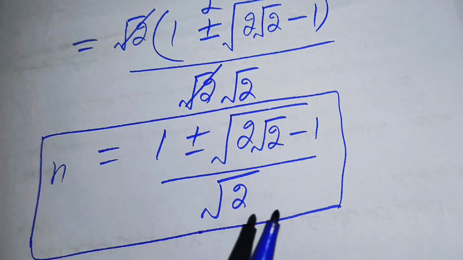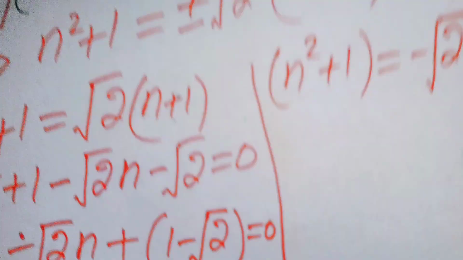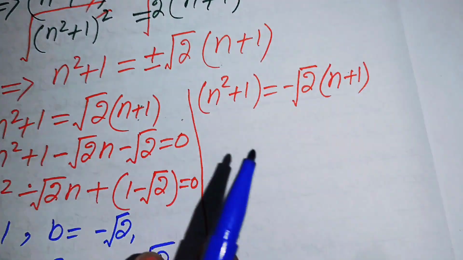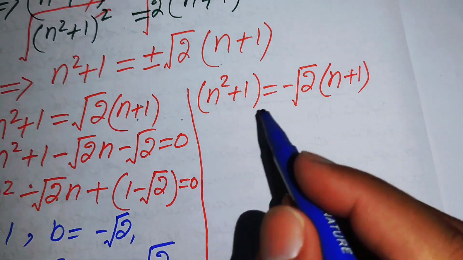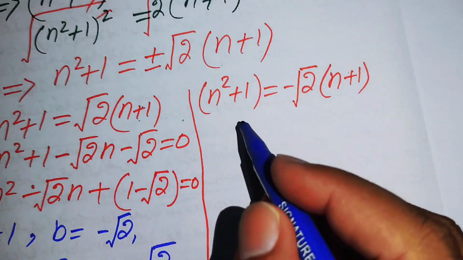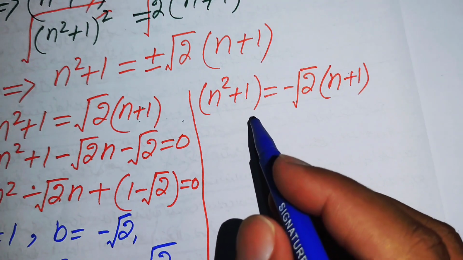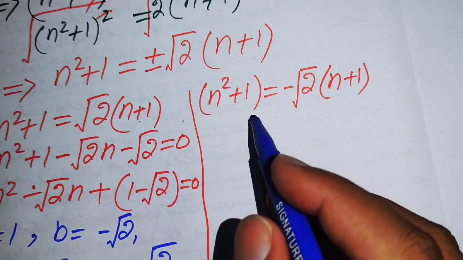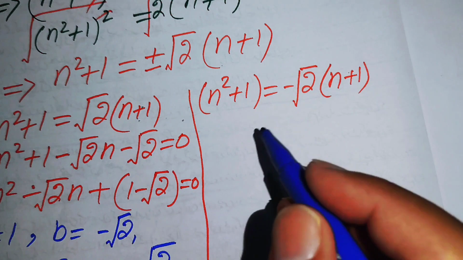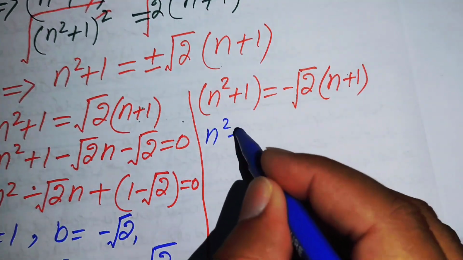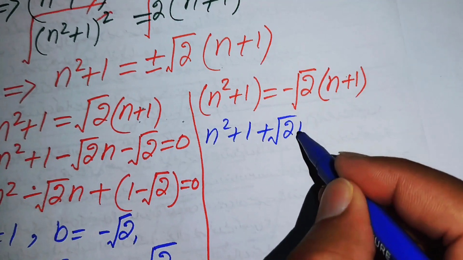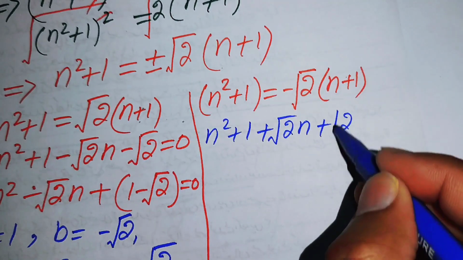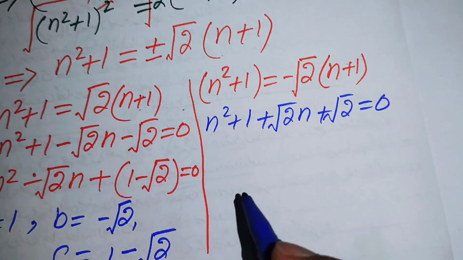So now here we have case 2. This is case 2, and now in the same pattern we will solve this case. First I can rearrange the terms, and when you rearrange the terms, you get n squared plus 1 and plus square root of 2n and plus square root of 2 is equal to 0.